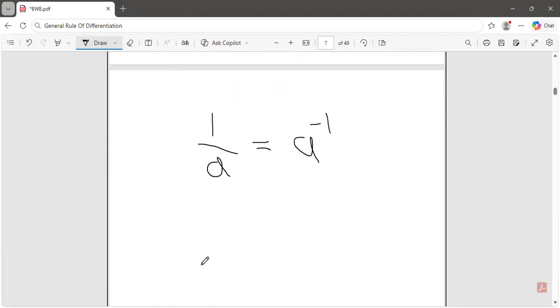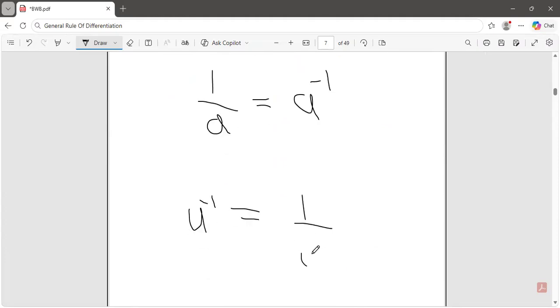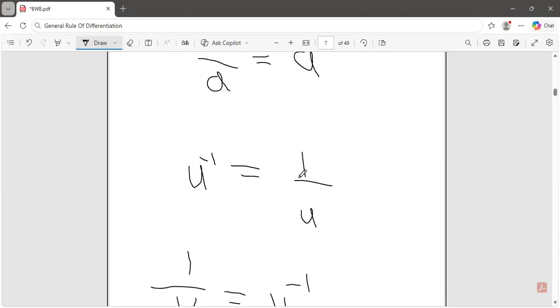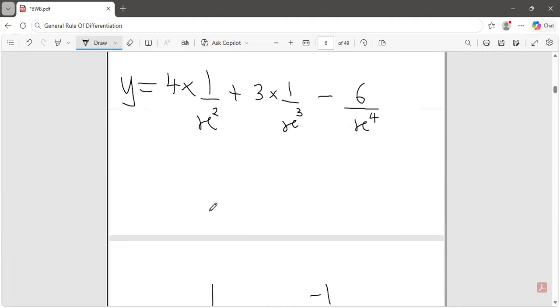Also, u exponent -1 is the same as 1 over u, and vice versa. And 1 over v means v exponent -1.